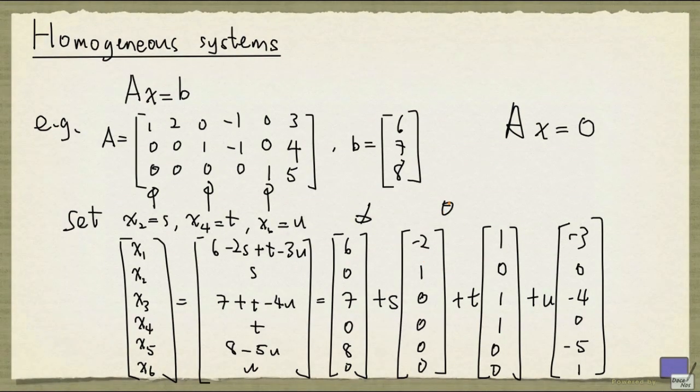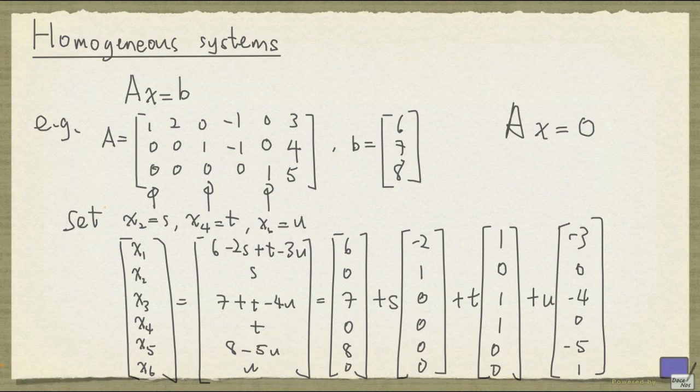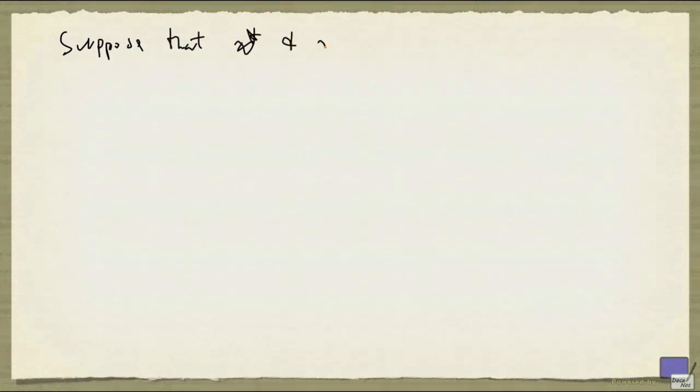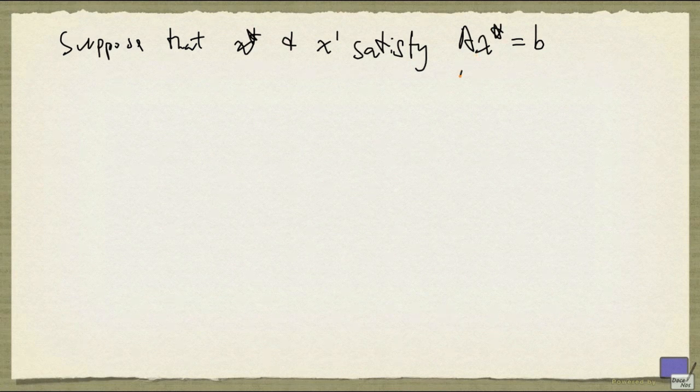And in general, we can always express all the solutions to Ax equal to b with a particular solution plus a linear combination of solutions to the corresponding homogeneous system. So let me write down the details here. Suppose that x star and x prime satisfy Ax star equal to b and Ax prime equal to b.